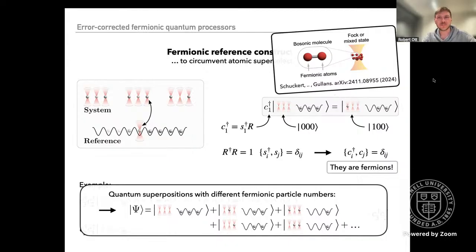And also, there are different ways of realizing this, and more generally speaking, also for qubit quantum computers, if you think about it. The only way you can sensibly apply gates is if you have some notion of a phase reference in the background.